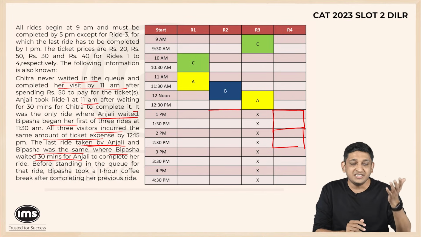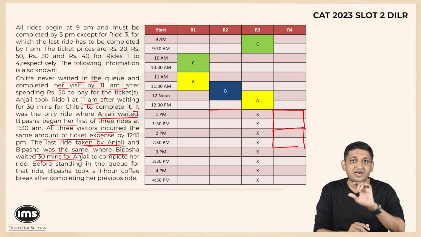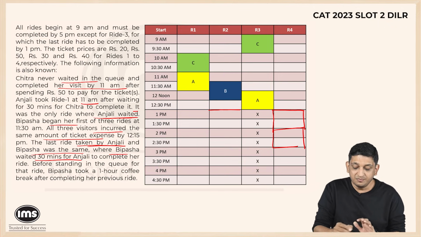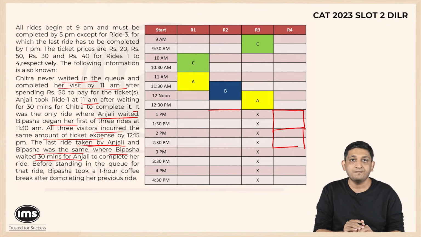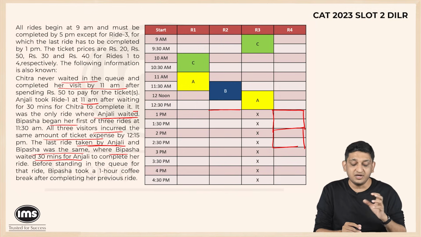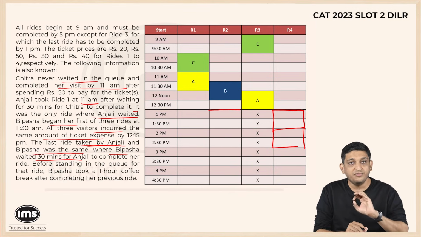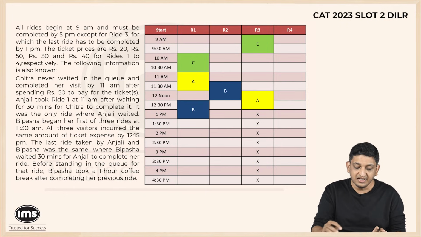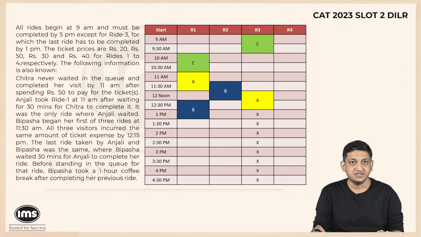And after Bipasha takes ride 1, she has a 1.5 hour break, and then she will go for ride 4. So Bipasha can't do all those things if Anjali takes ride 4 at 1 PM. That is why we know that, because Bipasha's third ride is ride 4, Bipasha would have directly gone from ride 2 to ride 1. That is one bit we can say with certainty.